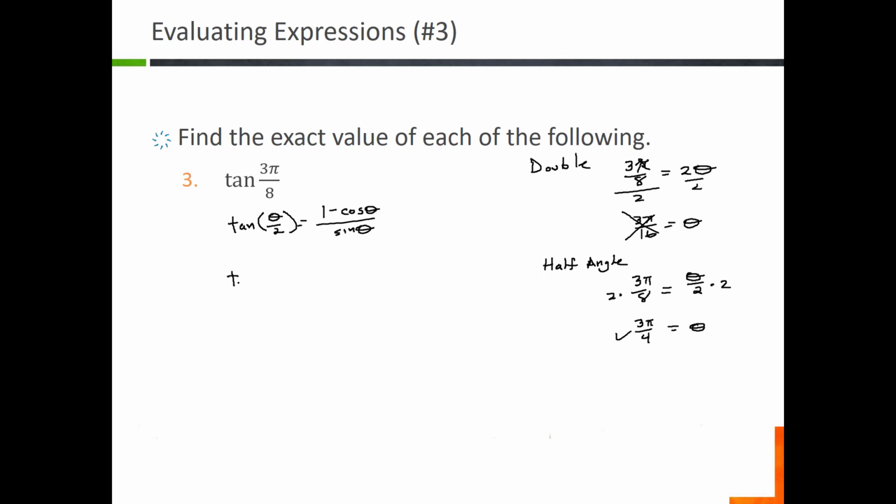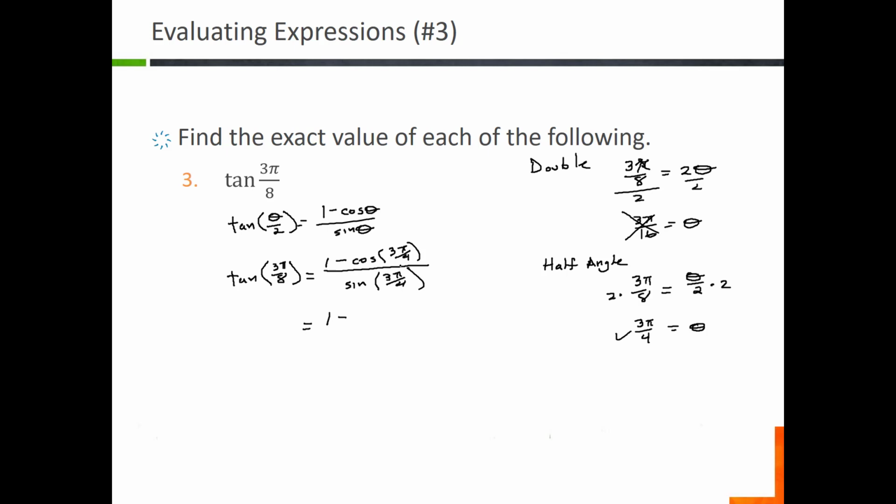So that means the tangent of 3 pi over 8 will equal 1 minus the cosine of 3 pi over 4. So we changed it from 2 theta, or theta over 2, to just theta, all over the sine of another 3 pi over 4. So we just have to compute the sine and cosine of 3 pi over 4.